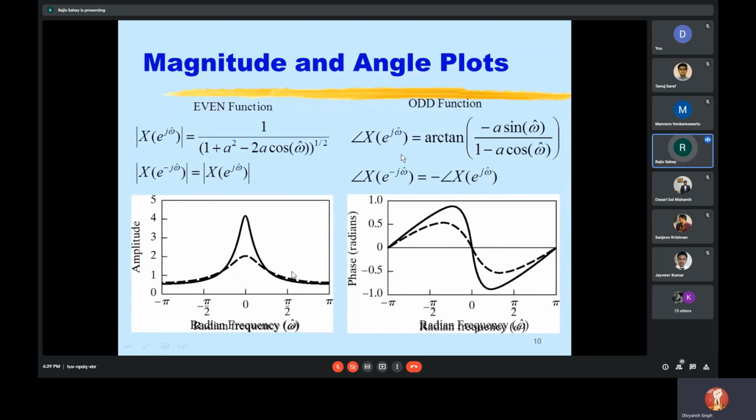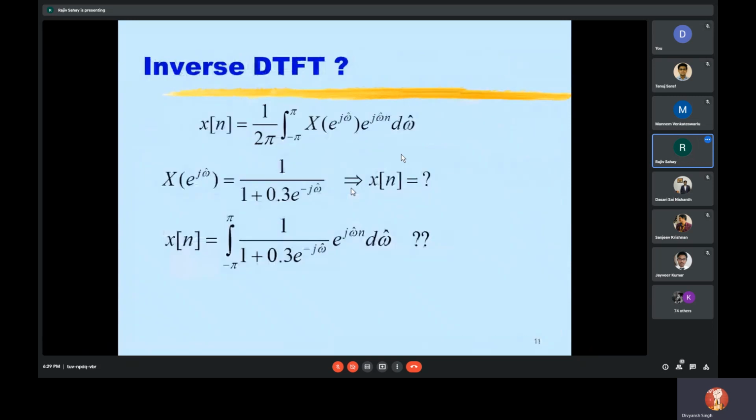Here the solid line denotes the spectrum for a equal to some value, typically something like 0.9, and the dotted one shows the spectrum for a equal to 0.5. So the phase spectrum turns out to be odd, whereas the magnitude spectrum turns out to be an even function.